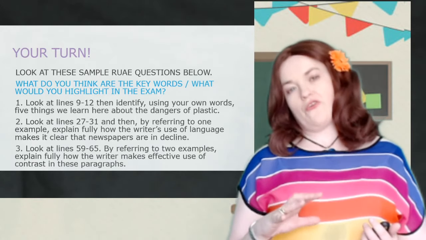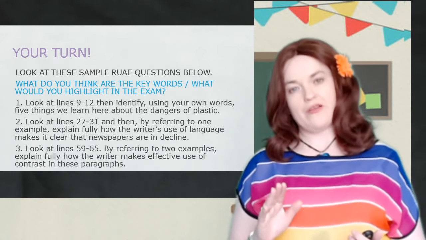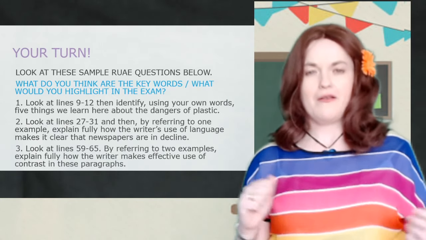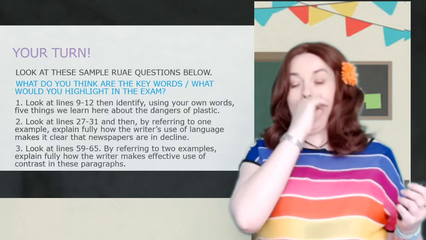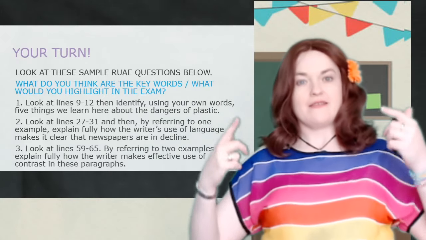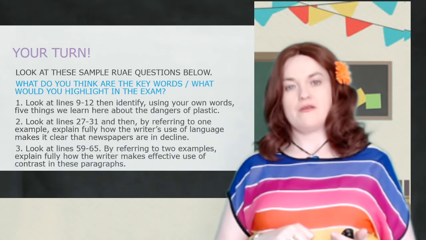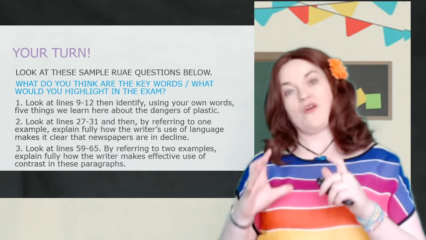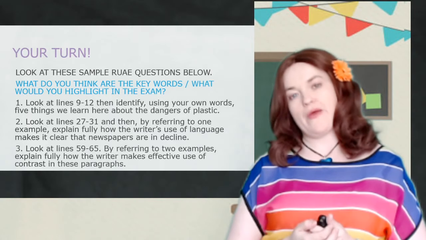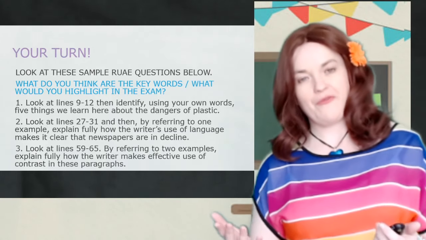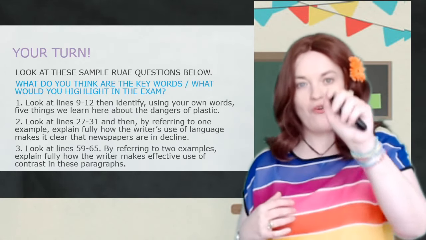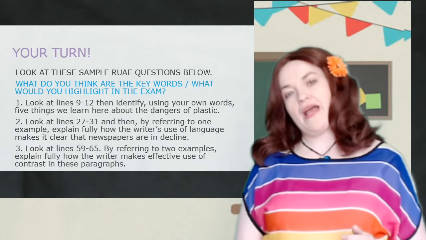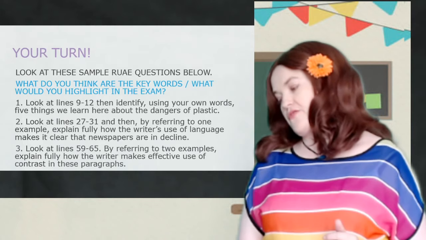So all I want you to do is look at the 3 questions on the board. Highlight or pretend to highlight the key words and see what the important words are in each question. Obviously you don't have them in front of you, so just imagine you've got a highlighter pen at the screen. I'll give you a minute to do that.